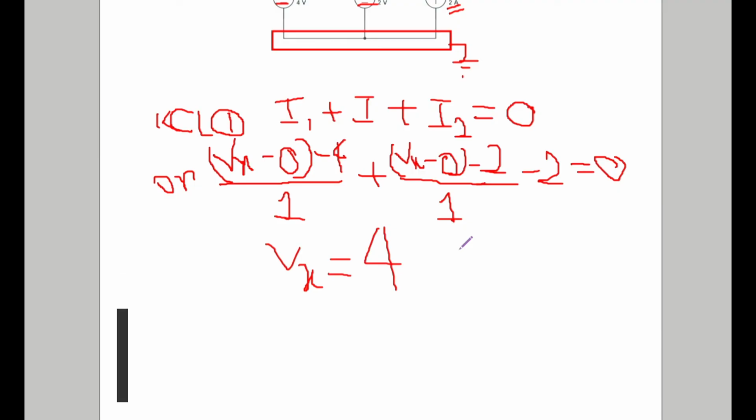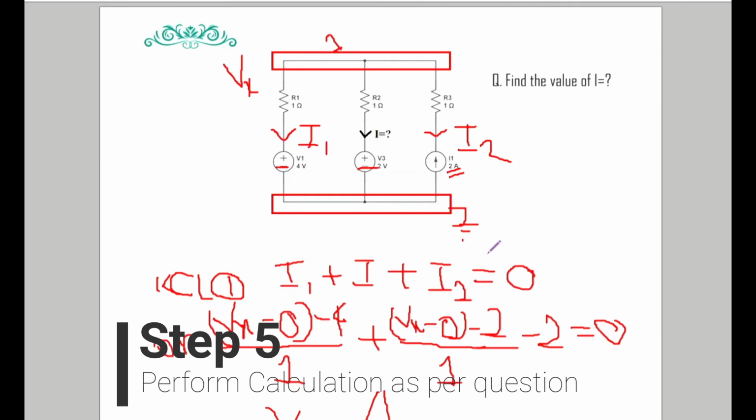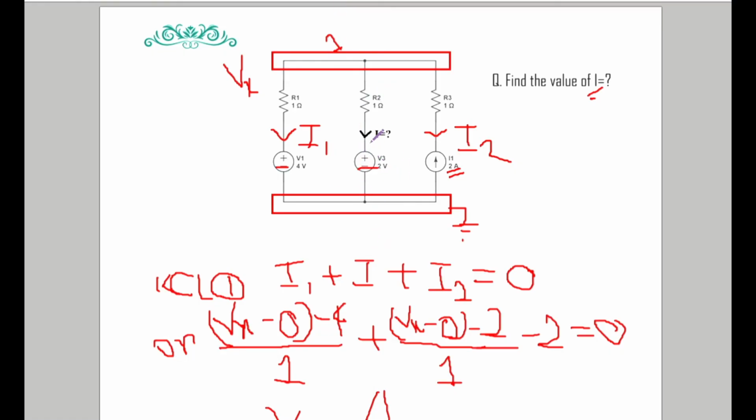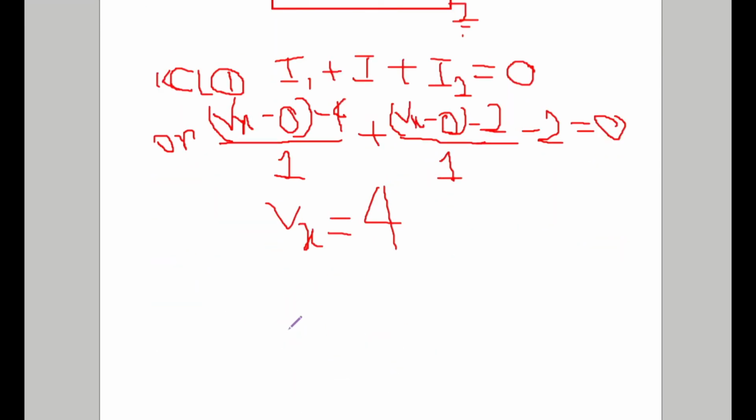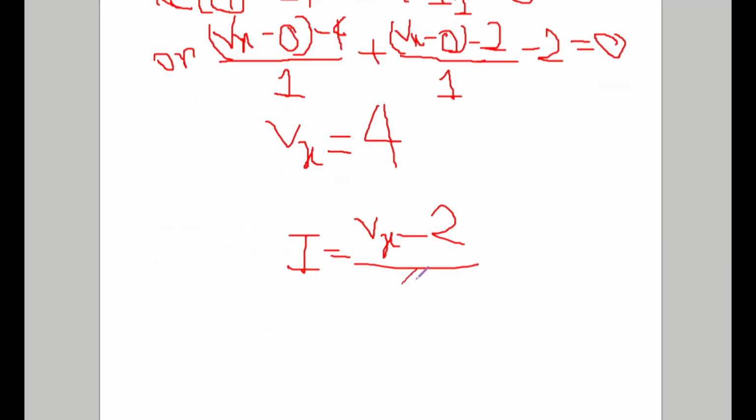The last and final step is to perform the calculation as per requirement, and the question asked us to find the value of I. Using this previous concept, we can say I is basically Vx minus 0 minus 2, by resistance, which is 1.